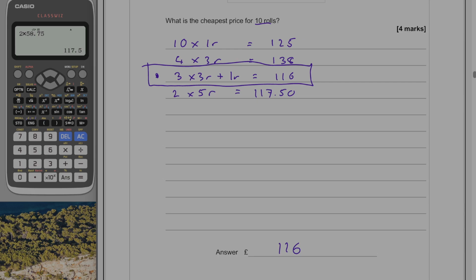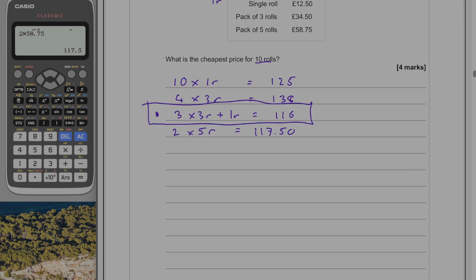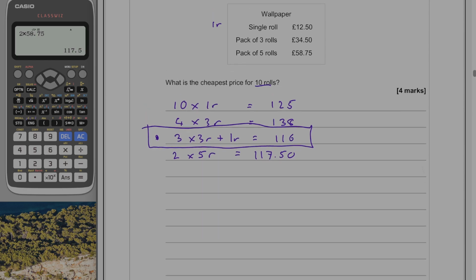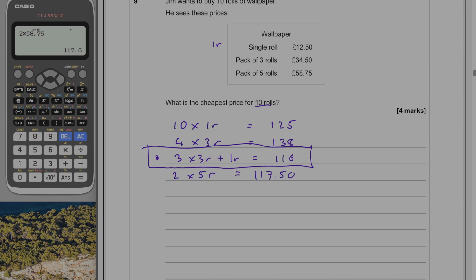And if you've done that, let me just bring up the mark scheme. What it says is, looking, my prices don't seem to match what they've written.